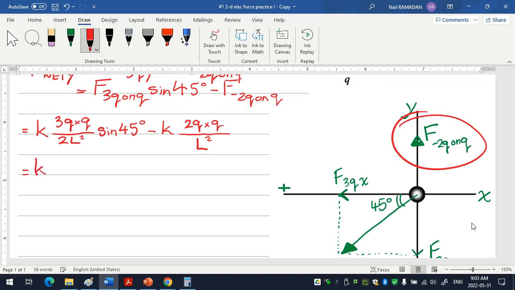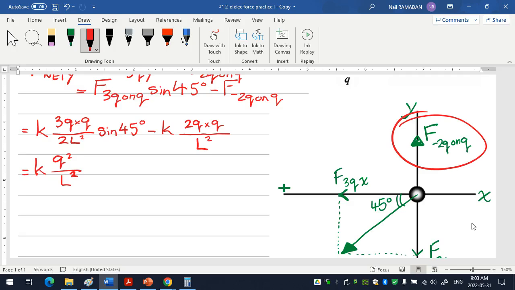K q squared over L squared. Everyone, say hello to the same common factor you can always take out in every single problem in this course and in first year. You're always going to be able to take k q squared over L squared because the problem is always going to be given to you in these terms.